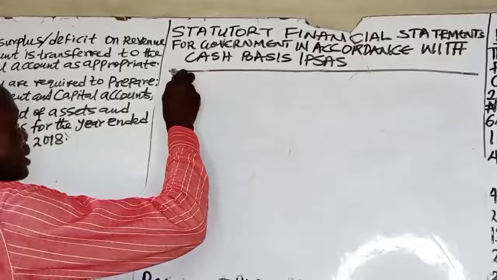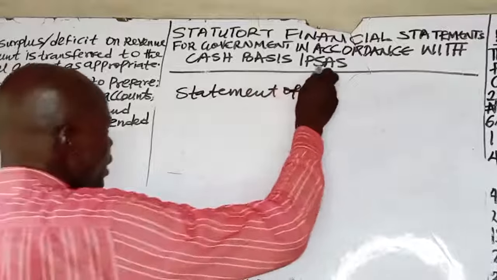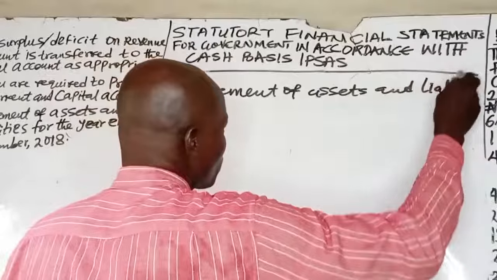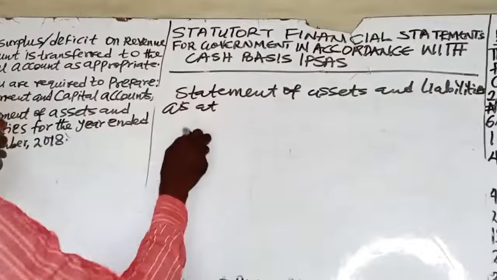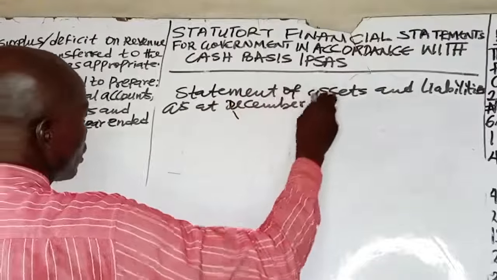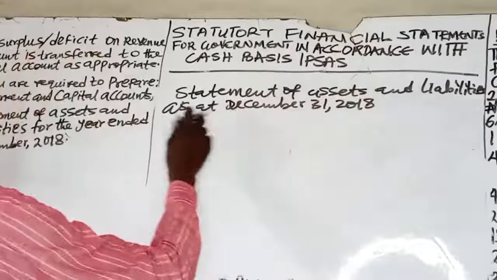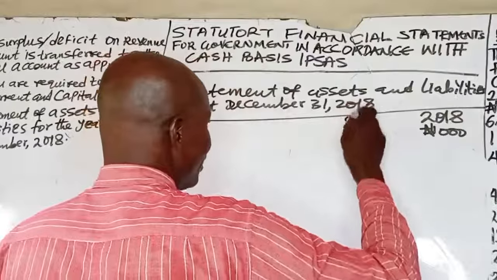You want to prepare the statement of assets and liabilities as at the year end, December 31st, 2018. I've told you that you are going to have 2017 as the comparative figure.